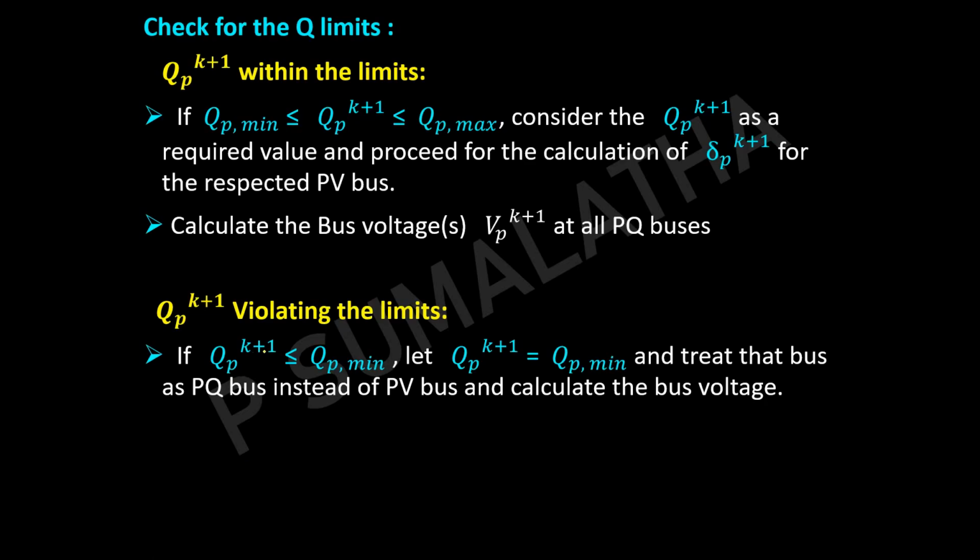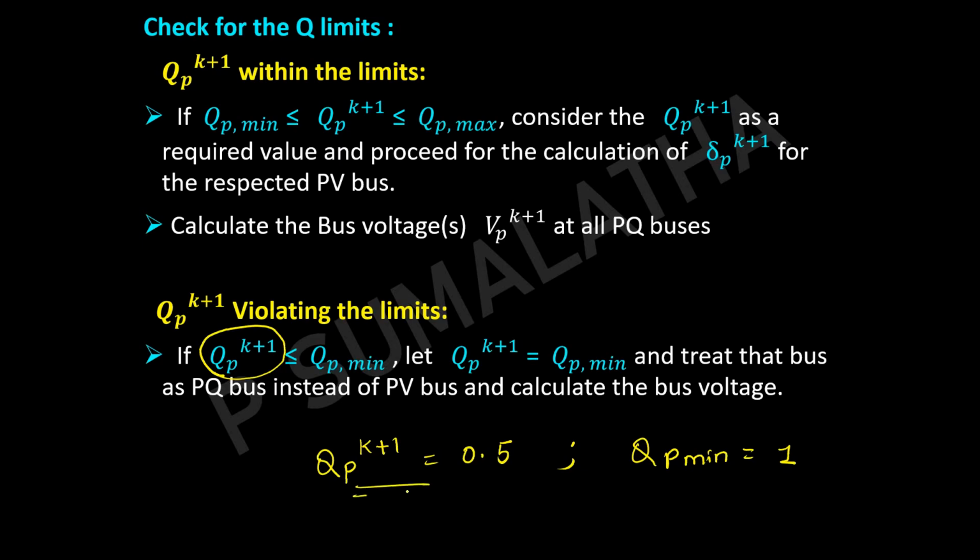If Q_p(k+1) is less than or equal to the Q_p minimum, suppose this is the calculated value, the value that we got from the equation we have used. Let me say the Q_p(k+1) value is coming as 0.5. For example, let us take Q_p minimum equal to 1.